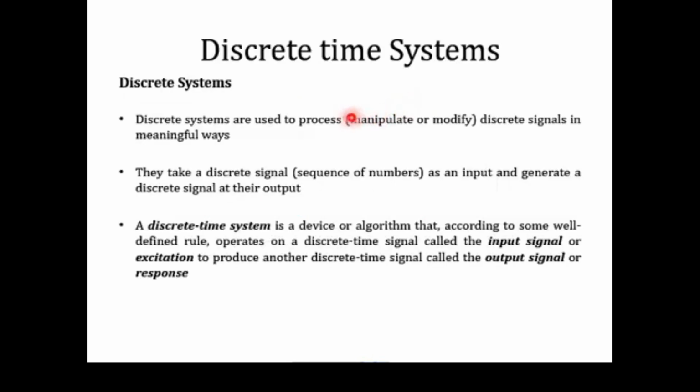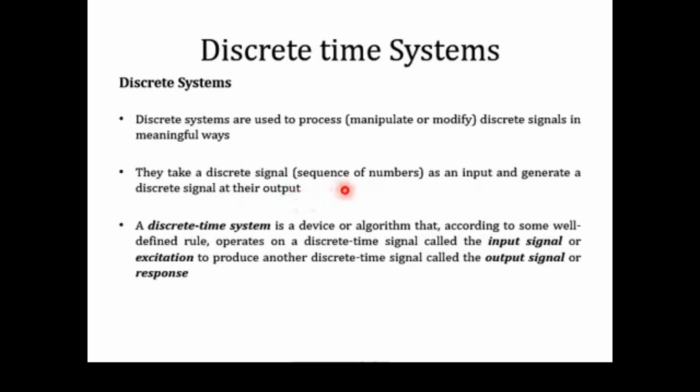Okay, the basic idea is that to process a given discrete time signal, we need discrete time systems. And discrete time systems will apply the required signal processing operations on a given discrete time signal in order to produce the required output. So every discrete time system will take a discrete signal as an input, which is essentially a sequence of numbers provided by our ADC, then apply some mathematical operations on those numbers in order to produce a discrete output, which will be again another sequence of numbers.